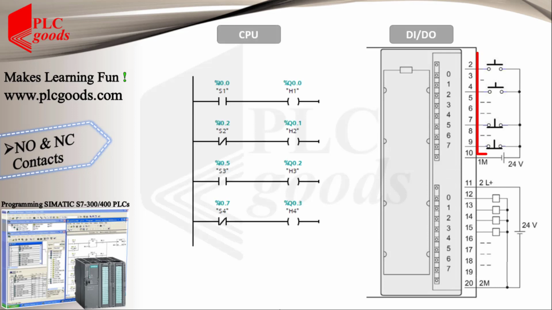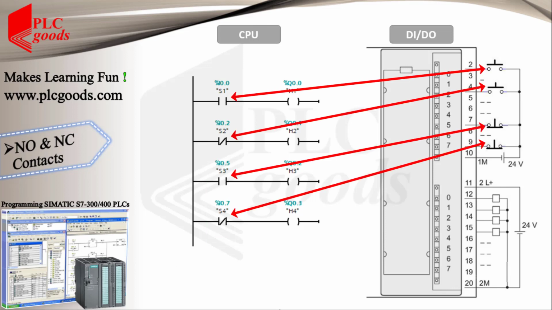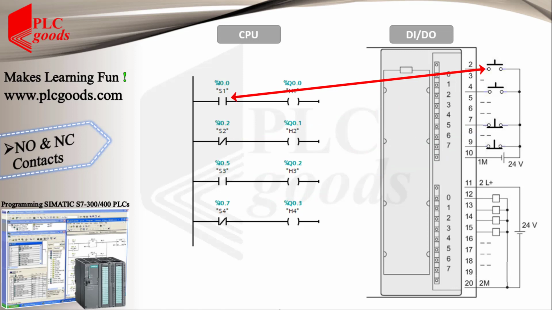Well, a push button can be normally open or closed, and a contact in a program can be normally open or closed as well. So there are 4 states according to the type of push buttons and contacts. At the first line, the contact and also its related push button are normally open.